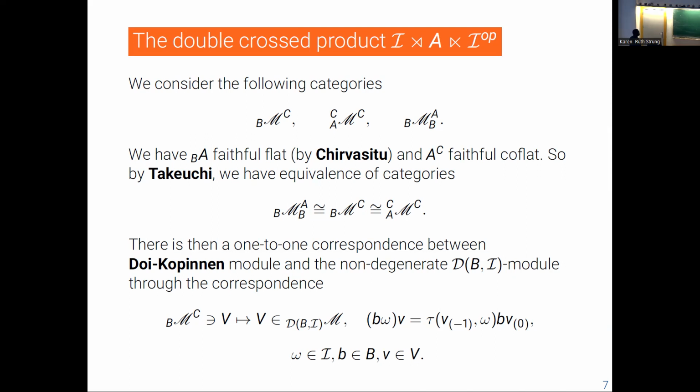We see from that there exists a one-to-one correspondence between the Doi-Hopf modules, which is this category, and the non-degenerate Drinfeld double coideal modules through this correspondence. So we in fact have a left B module and a right C comodule which are compatible.